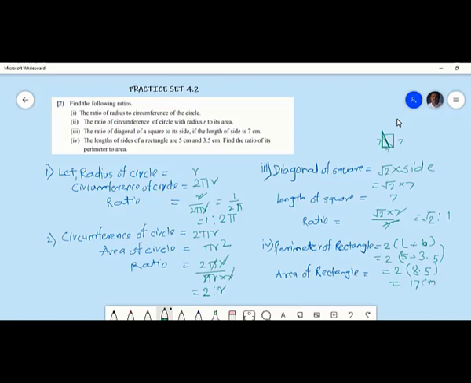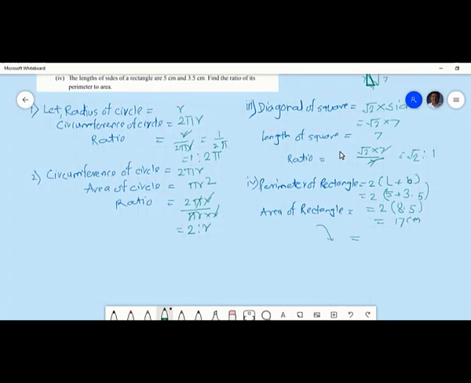Now area of rectangle. You know the area of rectangle formula, length into breadth. Length is 5, breadth is 3.5. Multiply 5 by 3.5, you get 17.5.